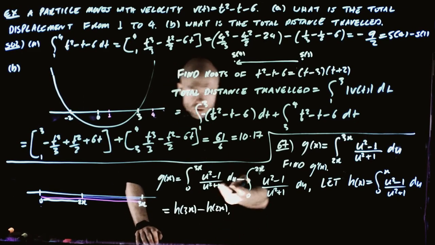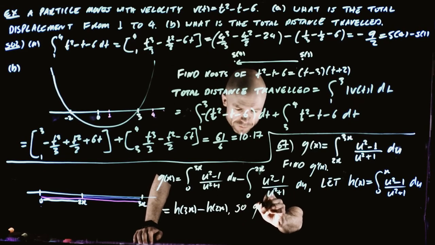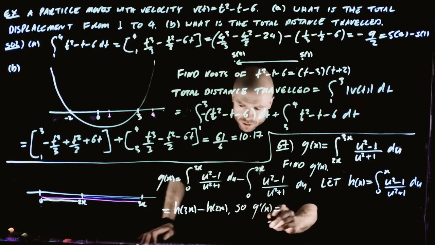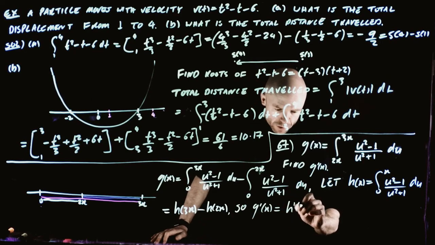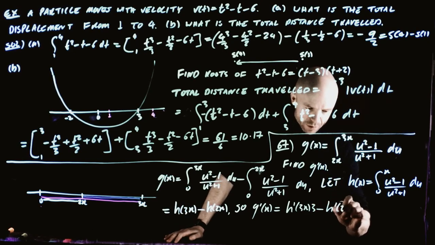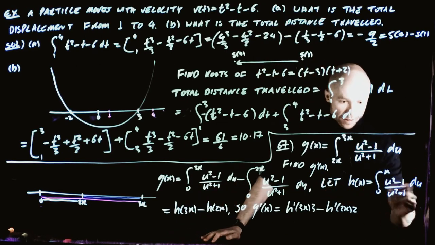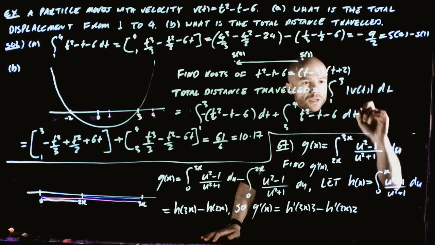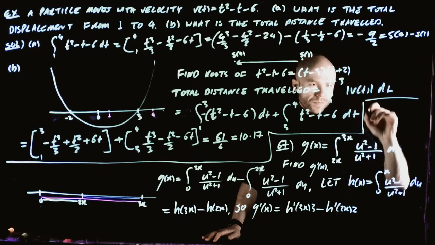And then we're in a good position because we can just differentiate through. So g prime of x is equal to, just applying the chain rule, h prime of 3x times 3 minus h prime of 2x times 2. And we know the derivative of h because it is just the application of Fundamental Theorem of Calculus Part 1.